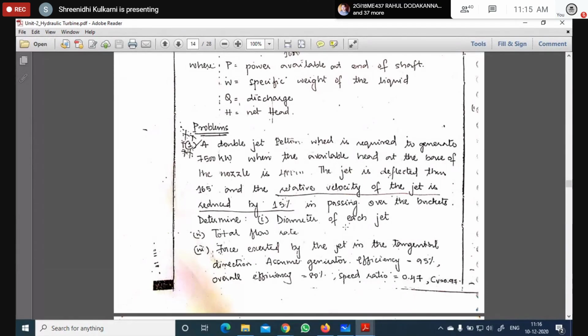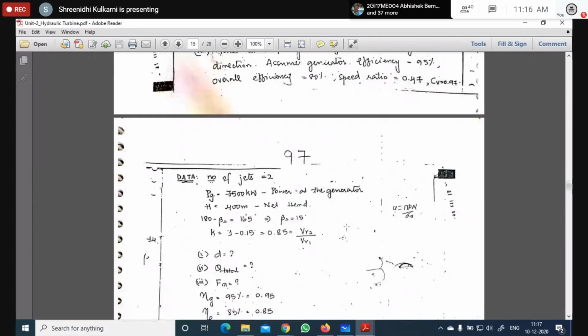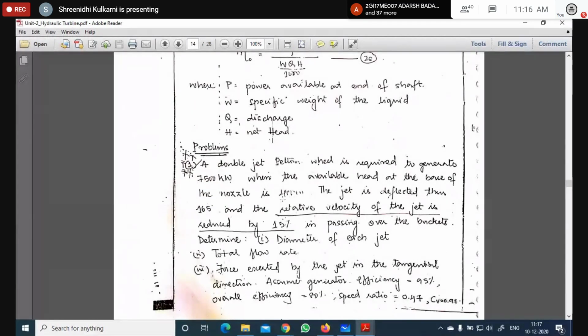A double jet Pelton wheel is required to generate 7,500 kilowatt when the available head at the base of the nozzle is 400 meters.